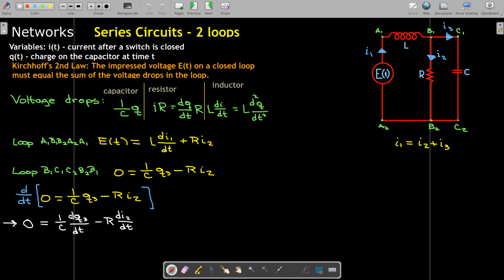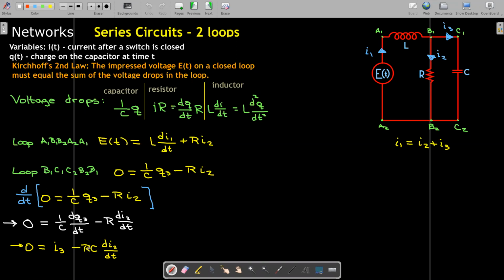But the derivative of the charge equals the current. So this dq3 dt I can replace with I3. I'll also clean it up by multiplying through by C. C times 0 is 0.